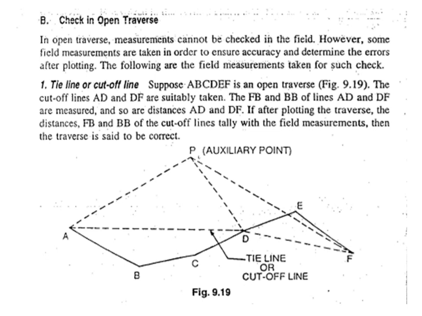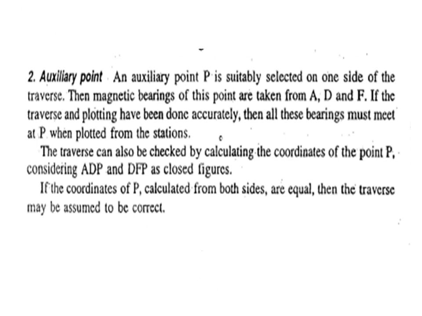Then the fore bearing and back bearing of lines AD and DF are measured. Also the distances AD and DF are measured. After that, if after plotting the traverse, the distances and fore bearing and back bearing of cutoff lines tally with the field measurement, then the traverse is said to be correct. Then the next check is the auxiliary point.